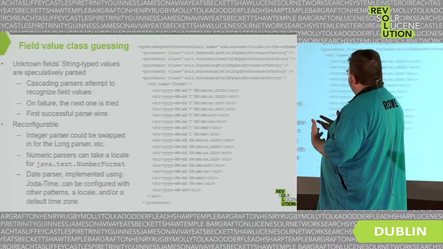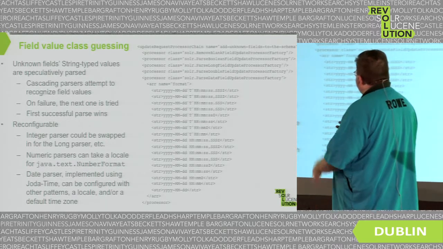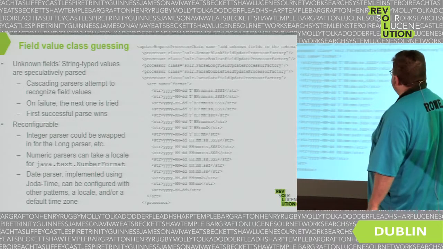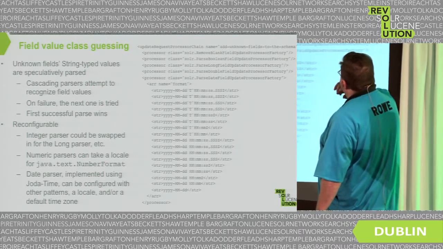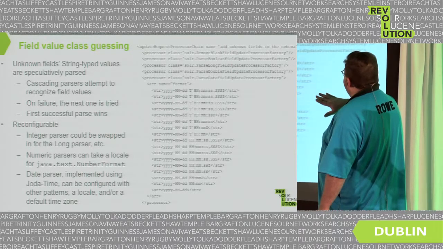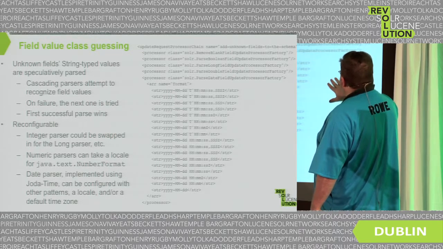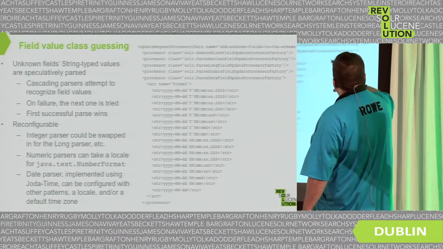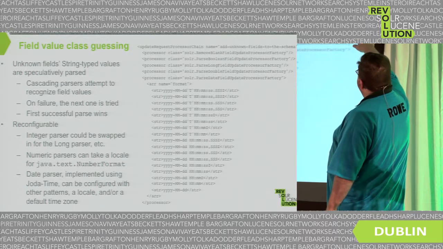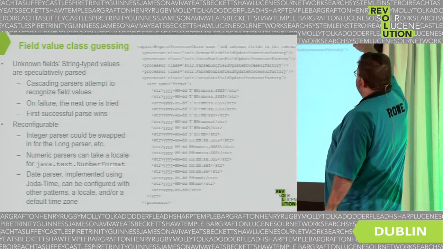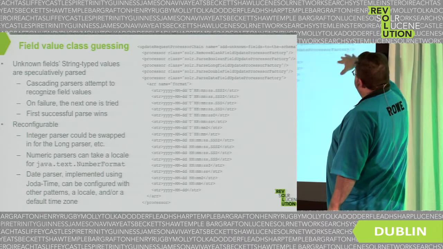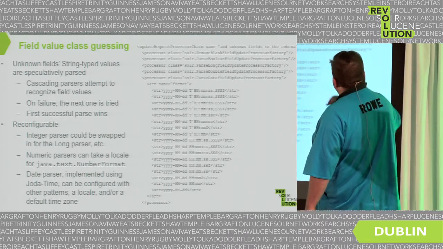So what happens is there's a cascading set of parsers that attempt to recognize field values. In this configuration you can see here, this happens as part of the standard update request processor scheme. In solr.xml there's this chain that I call here add unknown fields to the schema that gets set as the default, and it gets run through that for each field value.